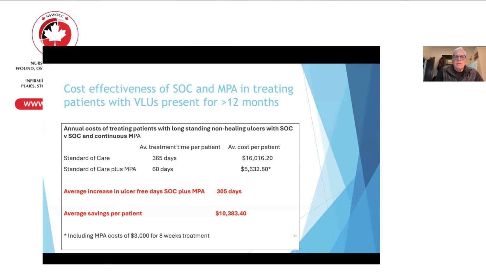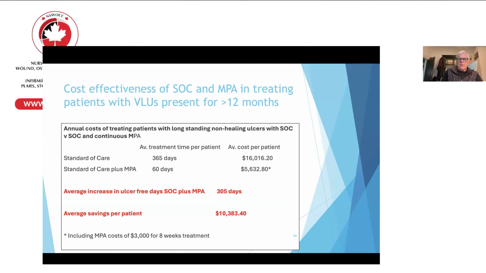And then there's some additional work, not really published to date, looking at patients who've had longstanding ulcers, so those who've had ulcers for greater than 12 months. Here the patients are treated with standard of care compression plus continuous muscle pump activator until the wounds have healed.